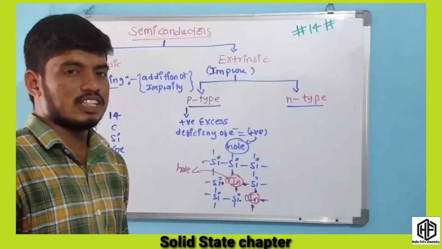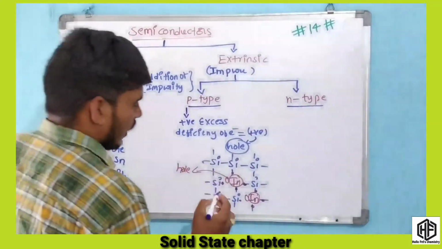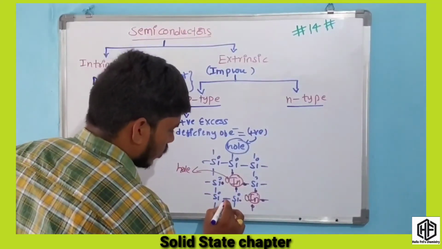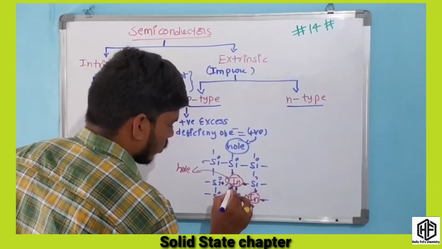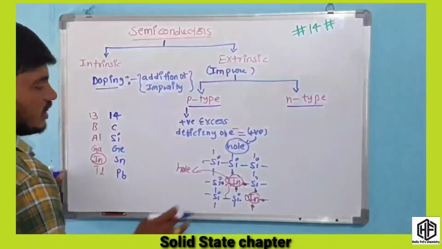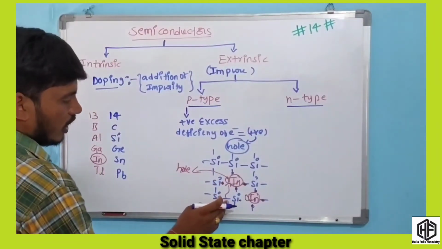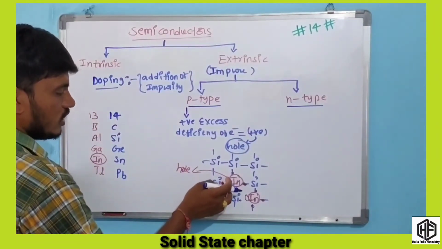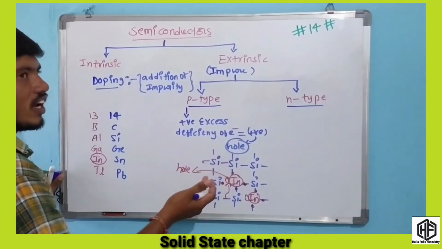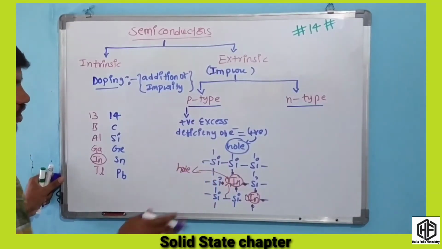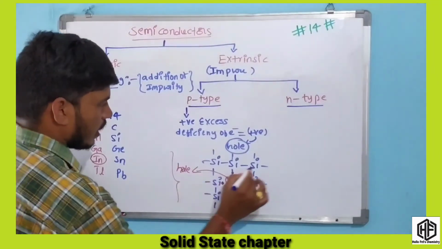At normal temperature, these bonded electrons flow into this vacancy orbit. This flow of electrons is also called conductivity. Okay friends, this is called a p-type semiconductor.